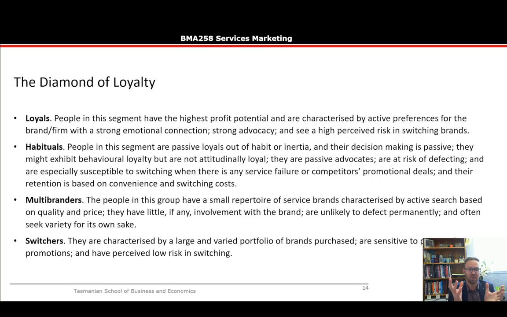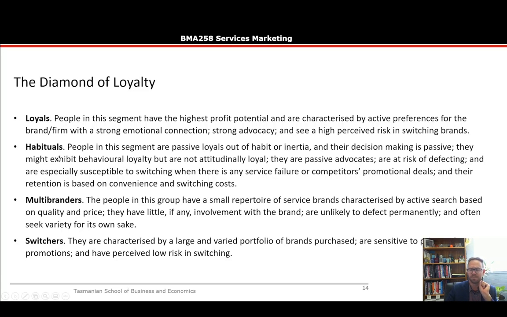And all these relate to loyalty behaviors. These loyals can have a high perceived risk in switching brands, so we don't want to lose these loyals. If your loyal customers are leaving, it could be an indication that there's something critically wrong with your business.